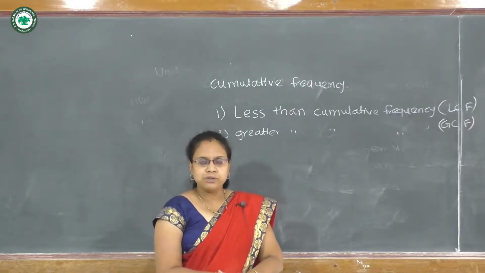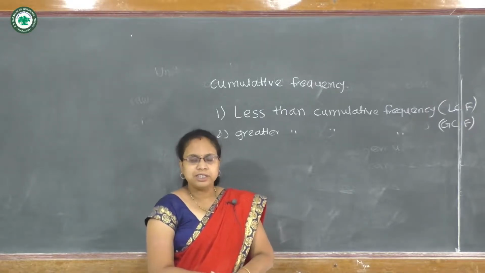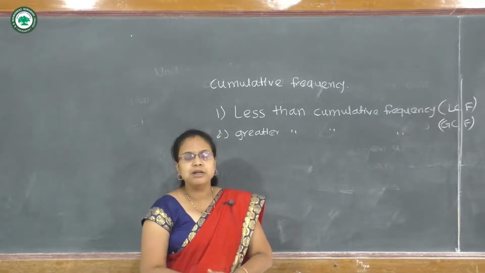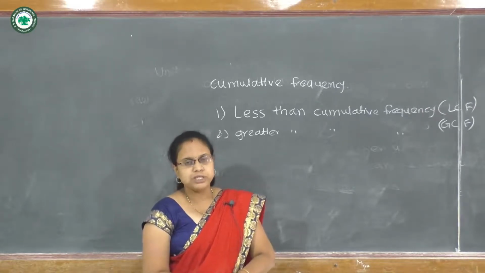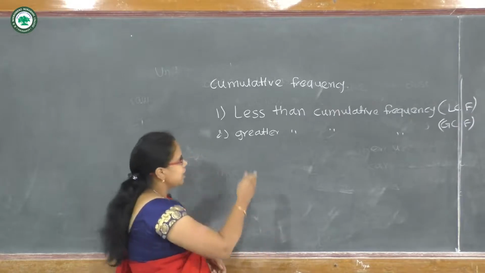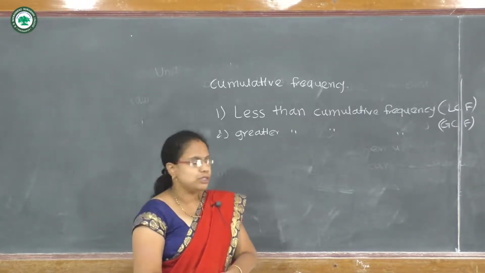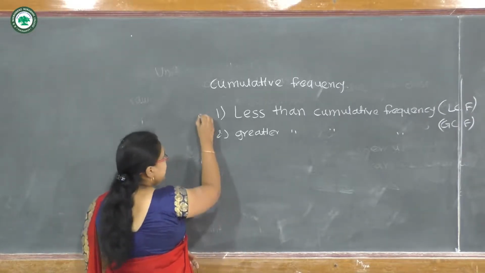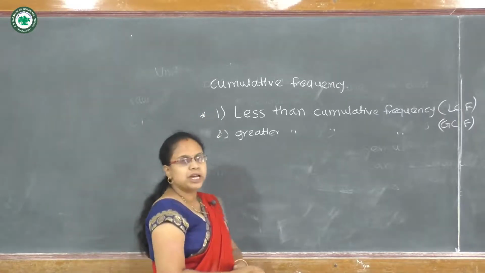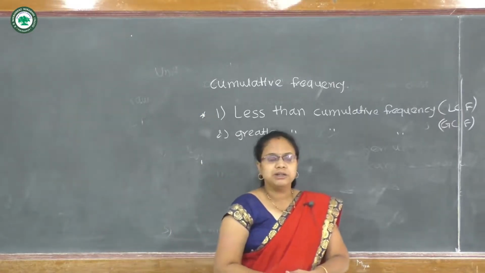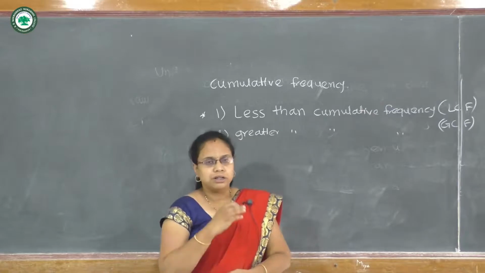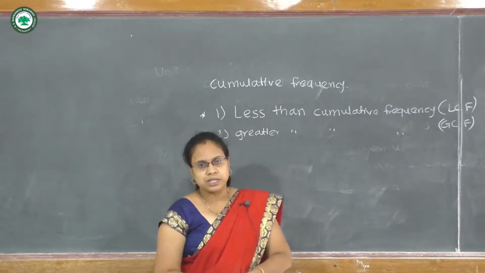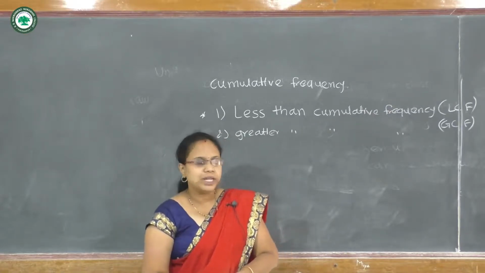So below 10,000 we can take, for example, that they are below poverty line. So this is a type of less than cumulative frequency. In less than cumulative frequency we are going to add the frequencies from the first class to the last class. We will see it by one example.